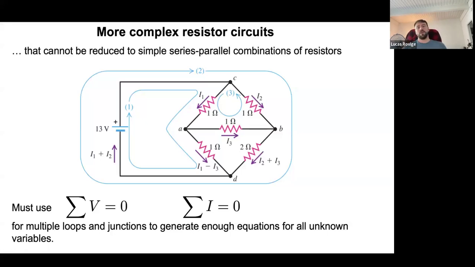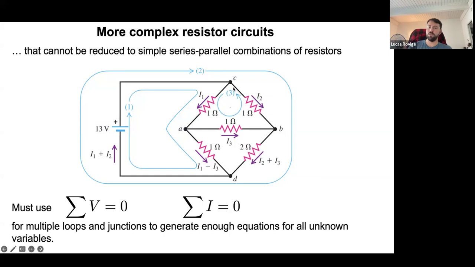Okay, so what I was saying is that sometimes you can get a circuit that you cannot just simplify to a simple combination of series and parallel resistors. For instance, here we have this kind of complex arrangement of resistors, and these resistors are neither completely in series nor in parallel.